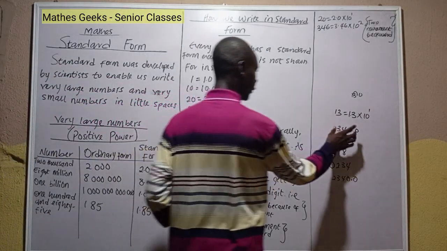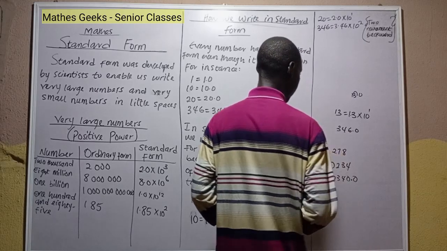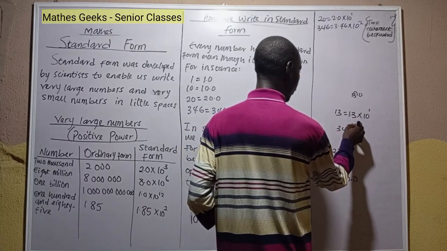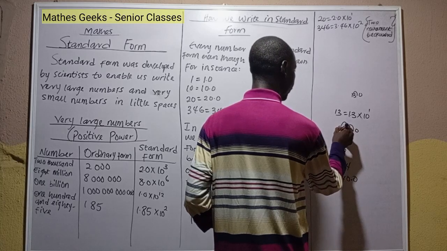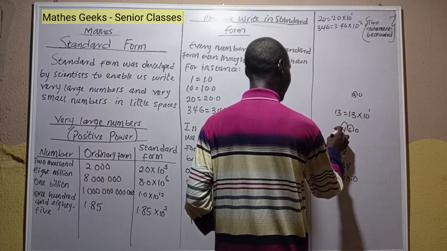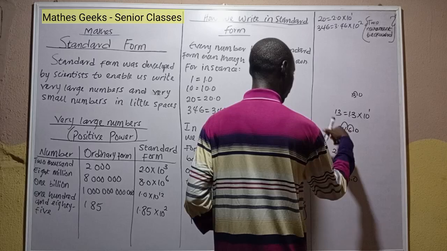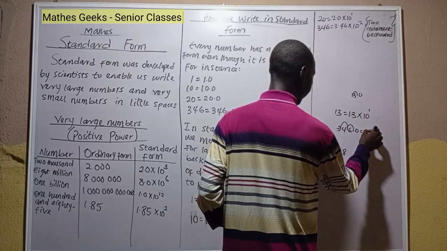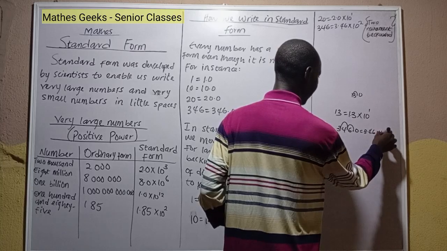So in this case, if we move our decimal point in order to write this number in standard form, the rule is let it be between the first and the second significant figure and put it there. So once you put the decimal point here, it becomes 3.46 times 10.